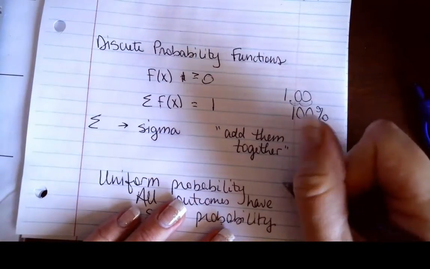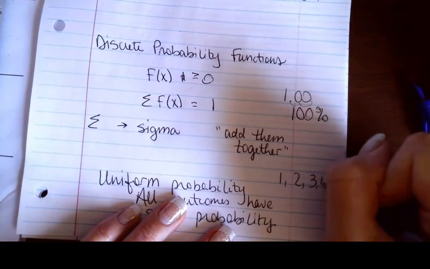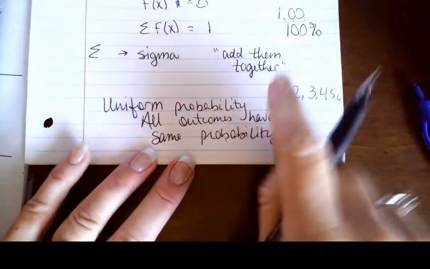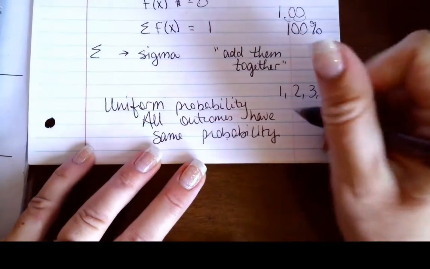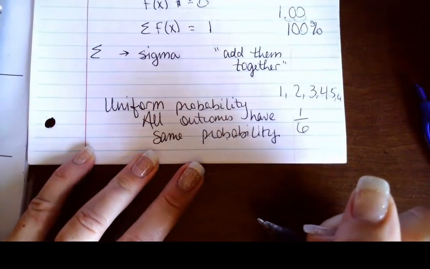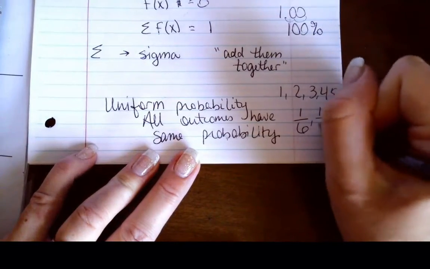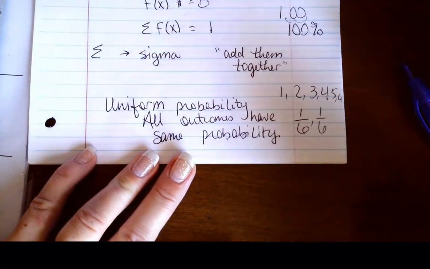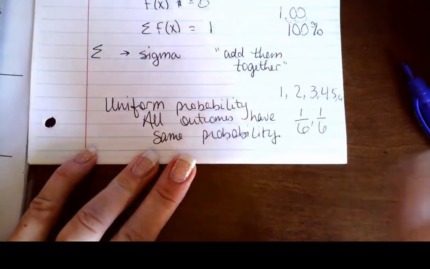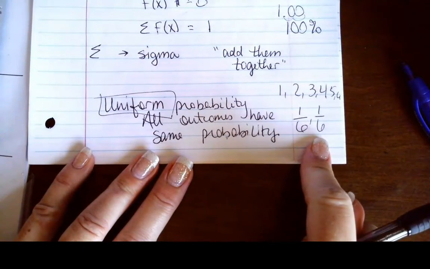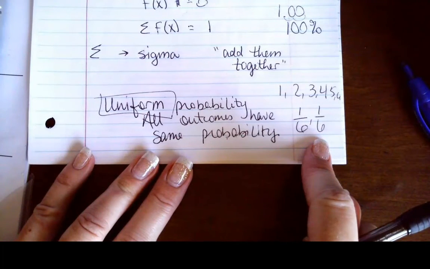Rolling a die means I can get a 1, a 2, a 3, a 4, a 5, or a 6. The probability of rolling a 1 occurs once out of 6 times. The probability of rolling a 2 occurs once out of 6 times. The probability of rolling a 3 occurs once out of 6 times. So your uniform probability distribution simply means that all of the outcomes have the same probability of occurring.